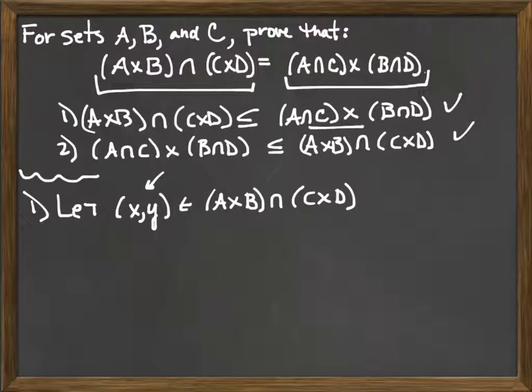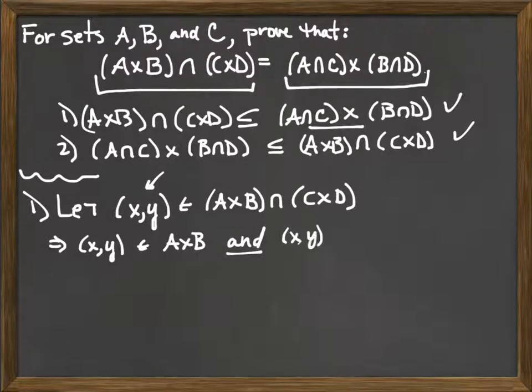Alright, so what does it mean for xy to be in A cross B intersect C cross D? Well, it means that this ordered pair xy is in A cross B, and, that's my intersection, it's in C cross D. That's what it means to be in that intersection. Well, what does it mean to be in that cross product?